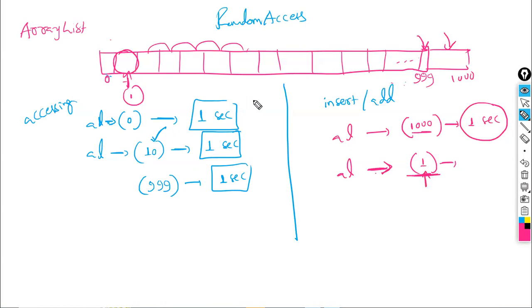Therefore, accessing takes a common time for whichever element we access by using the corresponding index numbers. But when it comes to adding or inserting at the last position, it is pretty easy and takes less time. But especially at the starting position or somewhere in the middle, it definitely takes more time than adding at the last position.